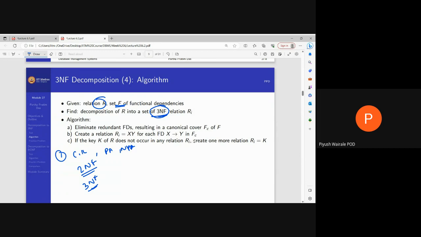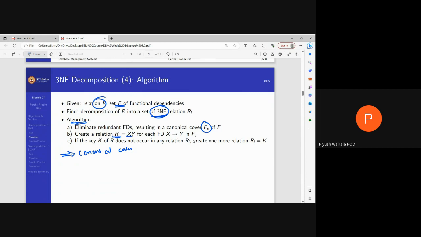Or directly, if you want to do, first find out the canonical cover. The concept of canonical cover is discussed in week 5. Once you calculate the canonical cover, for each functional dependency in it, create a relation Ri.